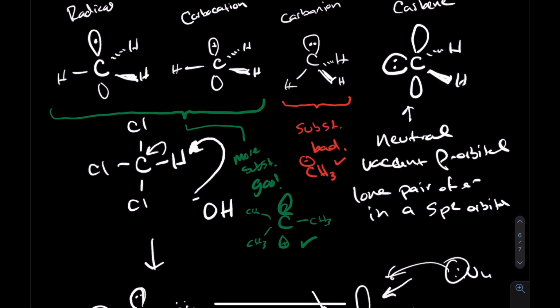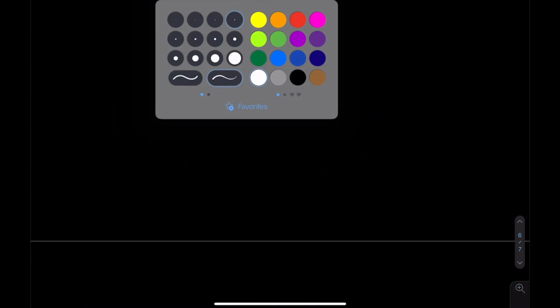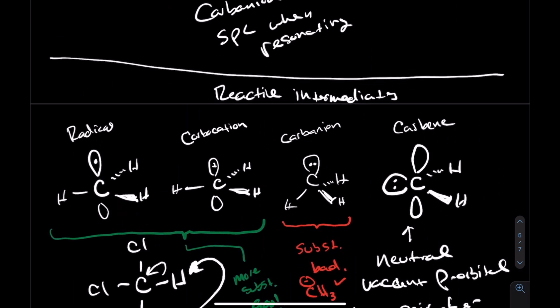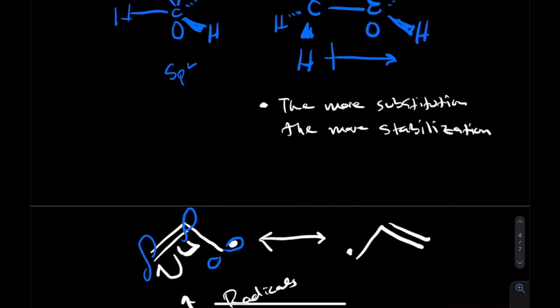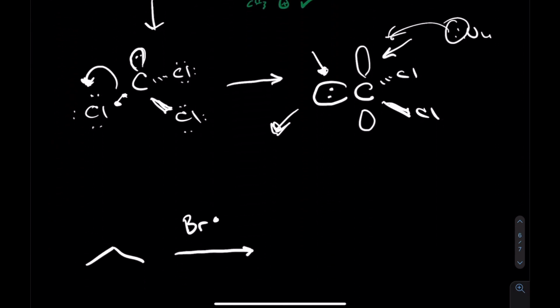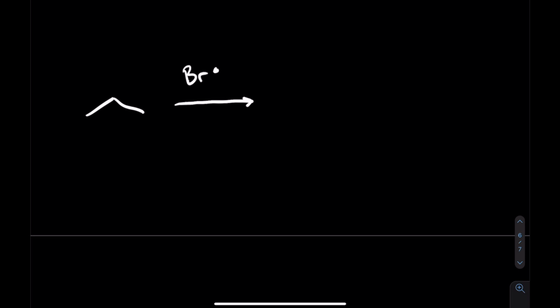Well, let's go down and consider reactivity. So from our last energy diagram, say we started off with a system like this, and we then had a bromine radical. Remember from upstairs, by upstairs I mean way up here, we had this chemical reaction, and you have to now pick.